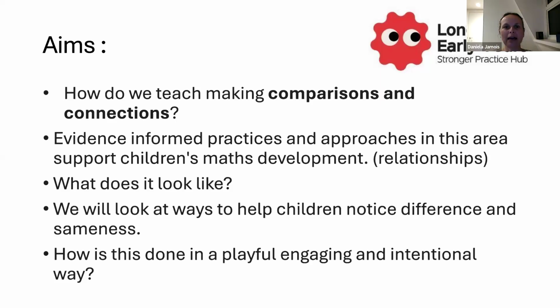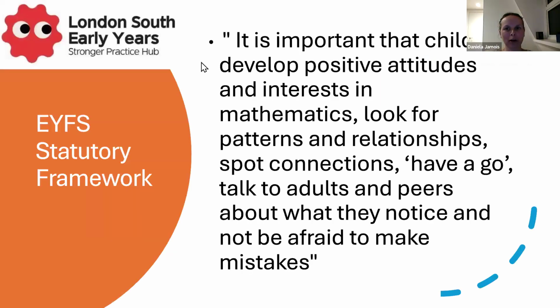So if we look at our statutory framework, this is the statement that really does relate to this approach. It is important that children develop positive attitudes and interests in mathematics. Look for patterns and relationships, spot connections.